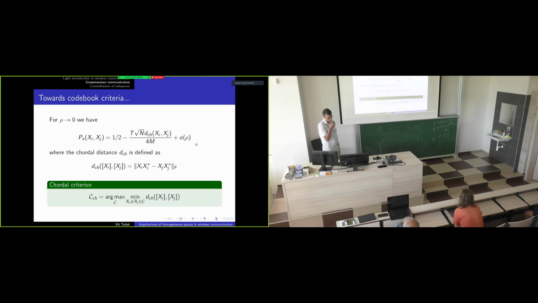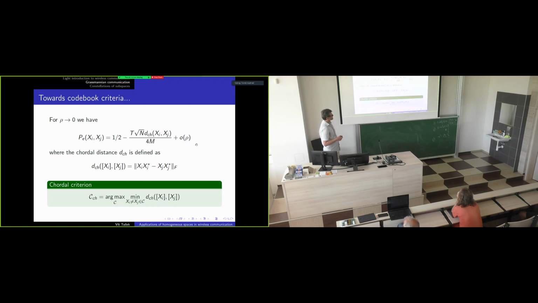And you can do analysis for signal-to-noise ratio going to zero, so like a low SNR regime, where you can approximate this error by the so-called chordal distance of the Grassmannian. So here, these are the projectors on the subspace spanned by the columns of X_i. This is the projector on the subspace of columns of X_j.